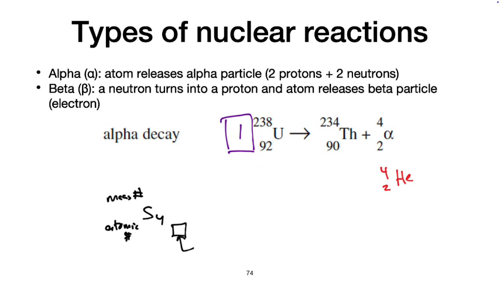Don't feel bad, everybody trips on this. What's written in the lower right-hand corner of an element symbol? Let me give you a good example here, because you've seen it before. You've seen it all the time.